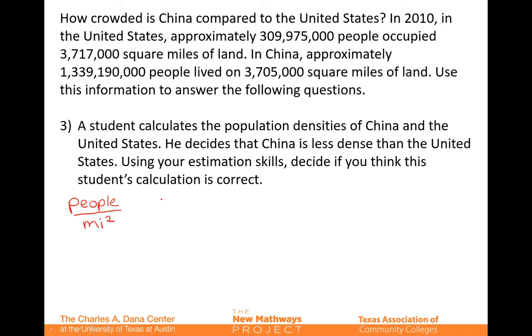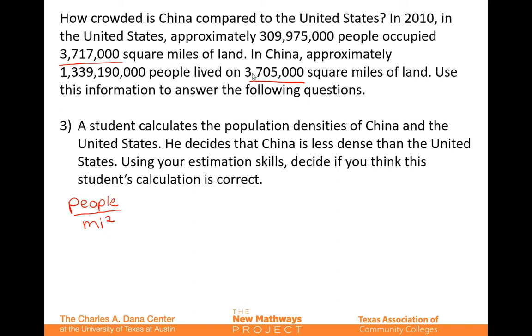So let's look at the square miles first. The United States is about 3,700,000. That's 3.7 million square miles. China is also 3.7 million square miles. They're not exactly the same, but for practical purposes, 3.7 million and another 5,000, they're about the same.